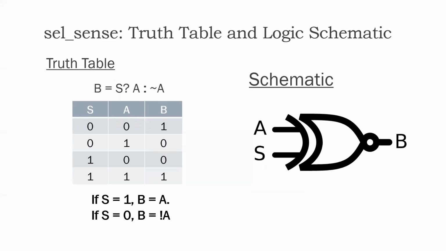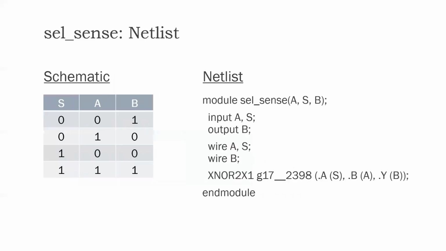If the standard cell library did not have a 2-input XNOR gate, then it would implement the function using whatever gates are available. If there was an XNOR gate in the library, you would expect the output of the synthesis tool to be a netlist which has an XNOR gate instantiated in it.